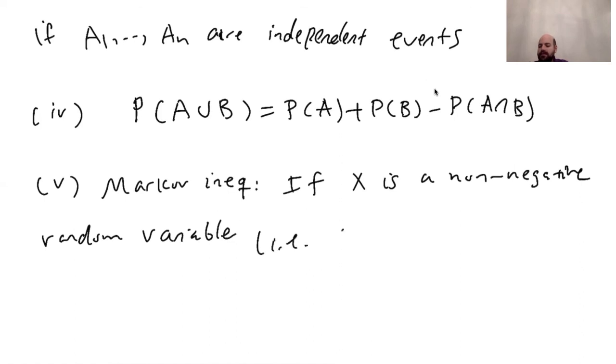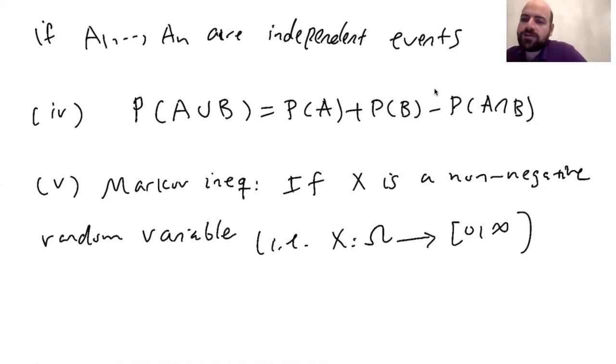Means X is a random variable from omega to 0 to infinity. Remember that when we have a random variable, it means we have a function capital X from omega to R.